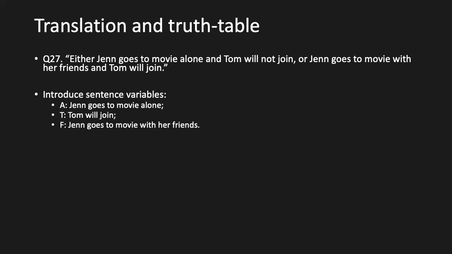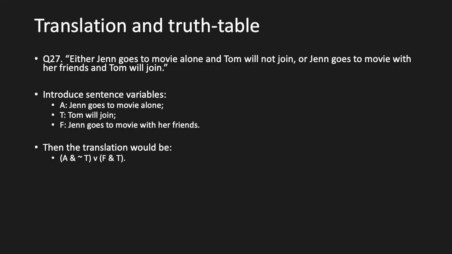A, Jan goes to movie alone. T, Tom will join. F, Jan goes to movie with her friends. Then it's quite straightforward that this sentence translates to this formula: A and not T, or F and T.